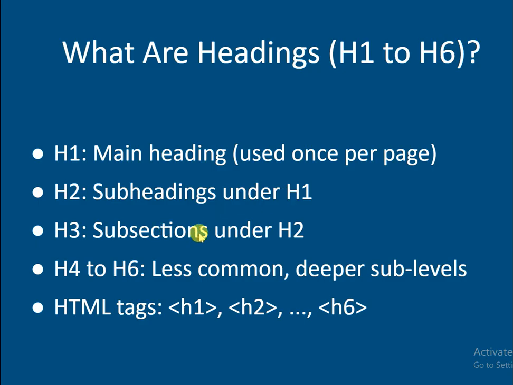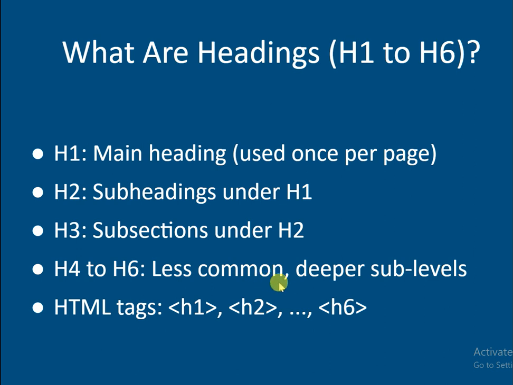Then H3. These are used for subsections under H2. These are the subsections. So if your H2 is a section, the H3 would be the topic discussed within that section. Now H4 to H6 are rarely used, but they still matter when your content is deeply structured.